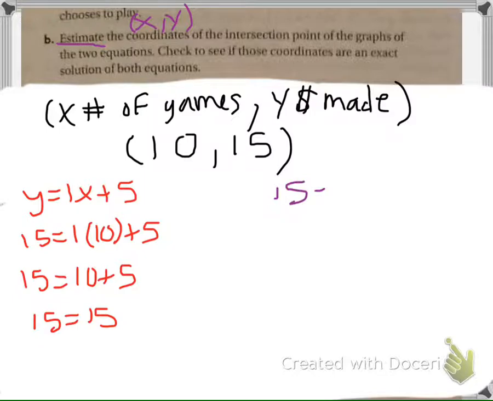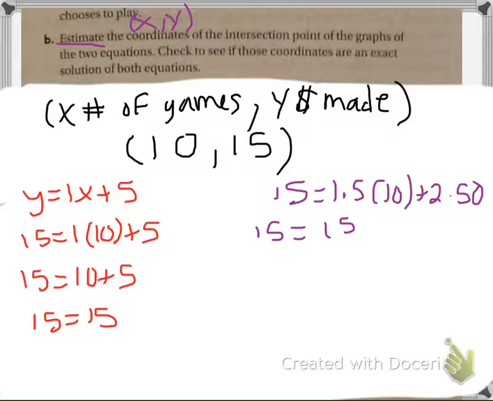So 15 equals 1.5 times 10 plus 2.5. So I substituted in my 10 for the x and 15 for the y. 15 equals now 1.5 times 10 gets me 15 plus 2.5. And then I have 15 plus 2.5 is 17.5.